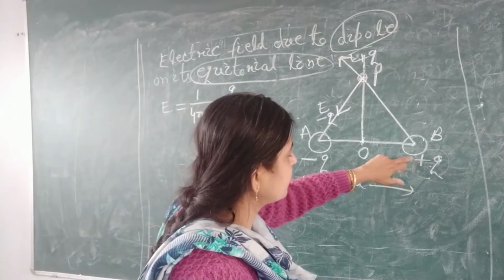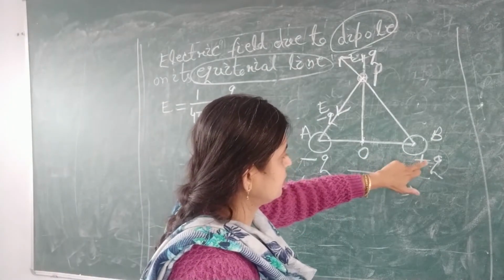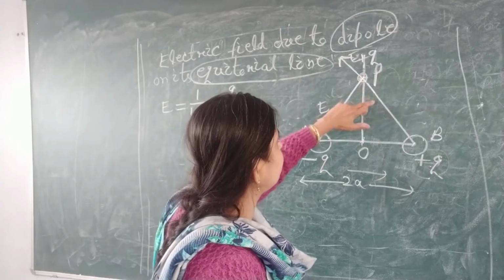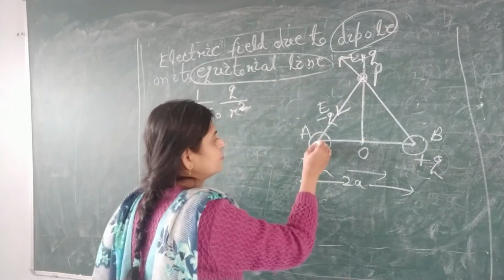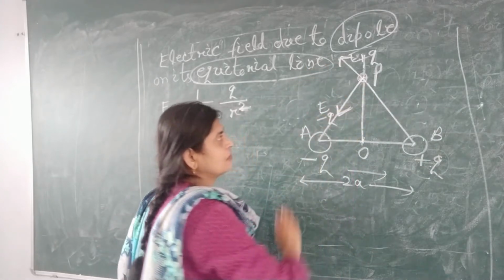So remember, the direction of electric field due to plus q will be along like this, and due to minus q along like this.